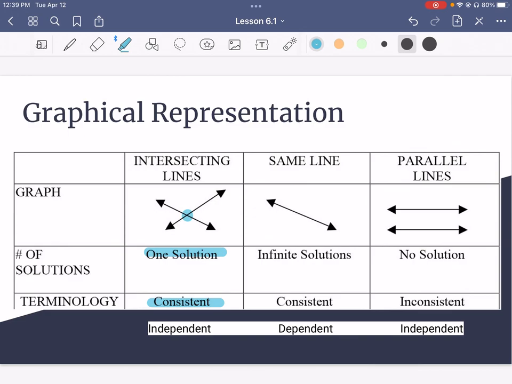They cross once, and so we can always bank on the fact that we're going to have that consistent solution every single time, like we just talked about with consistency versus inconsistency. And when it comes to independence or dependence, we basically say this is independent because we have two independent lines here. Here's one in this example. Here's the other. They are independent.